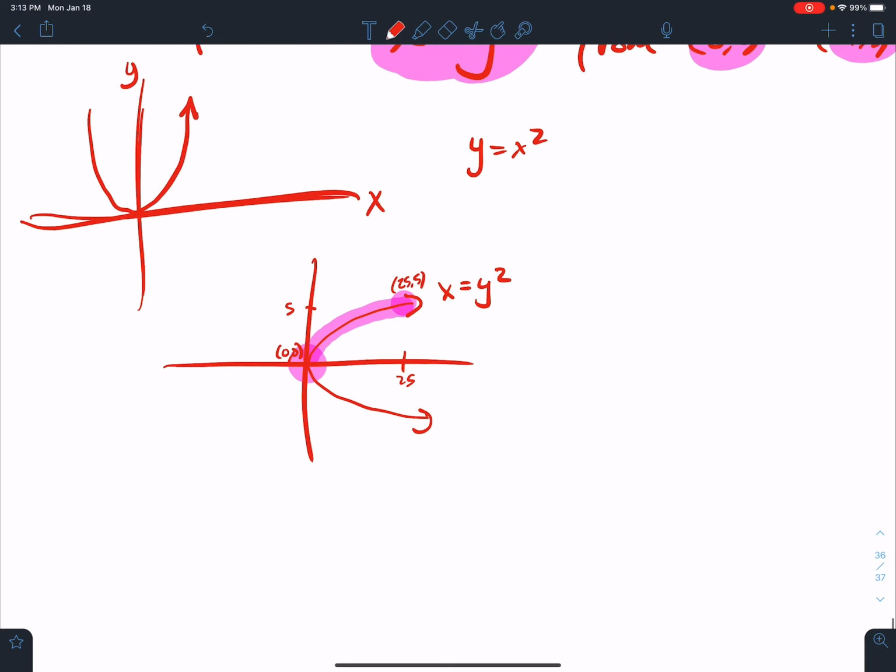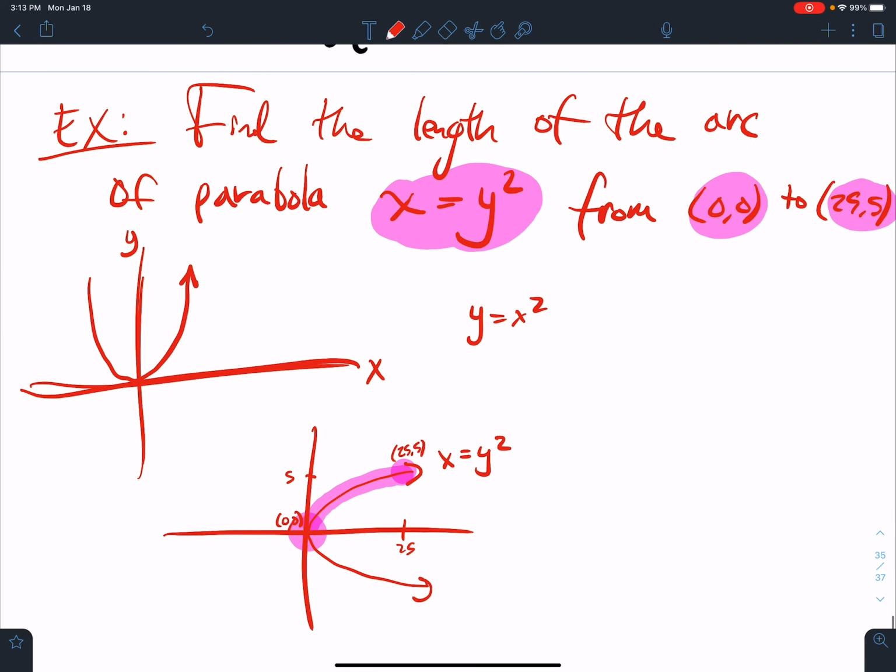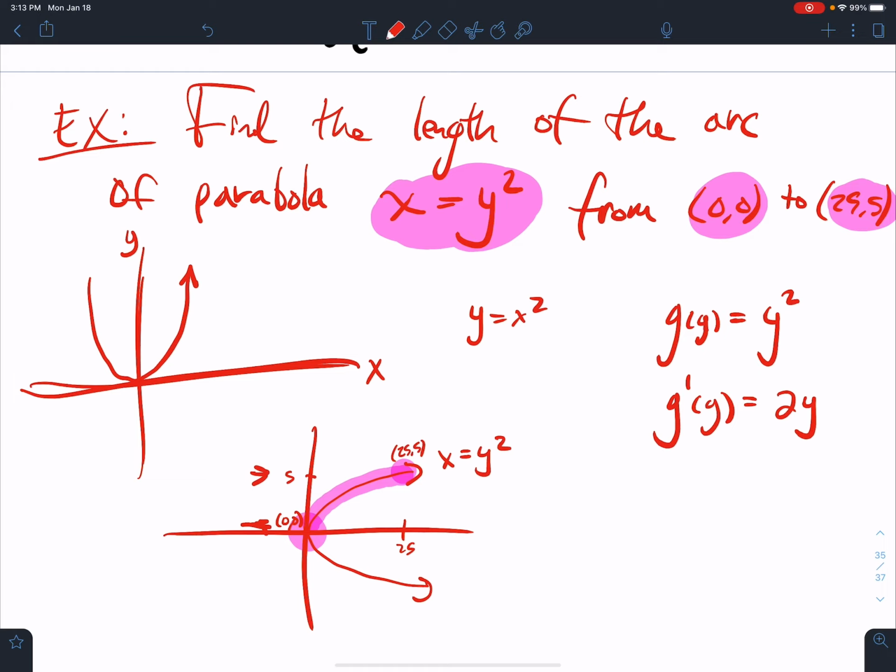All right, so how do I do this? Well, I have g of y equals y squared. So g prime of y is 2y. Okay. I'm integrating from y equals 0 to y equals 5. So the integral from c to d, square root of 1 plus g prime squared dy.